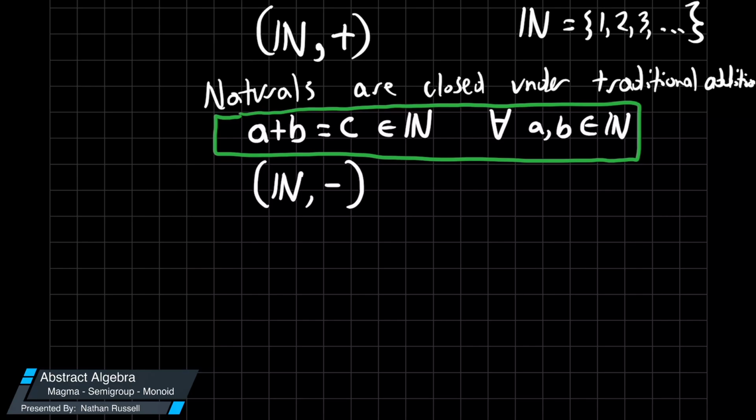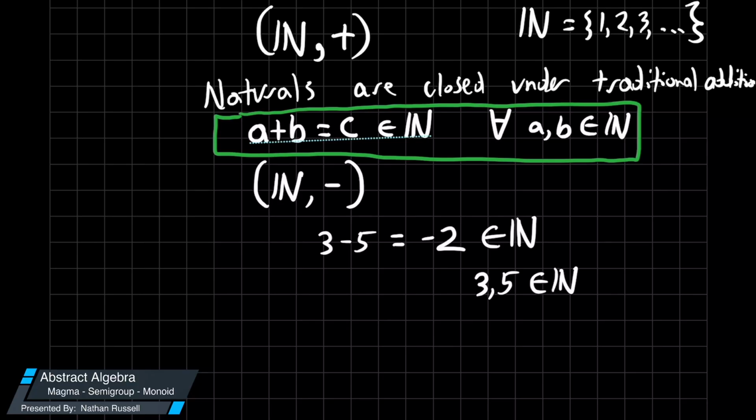So if all we have to do is just show one hiccup and then say that it's not closed, we do that by counterexample. So let me show you a counterexample that shows the natural numbers are not closed under subtraction. Take the number 3 and subtract 5, and you get what? -2. -2 is not in the set of natural numbers, but 3 and 5 are in the set of natural numbers.